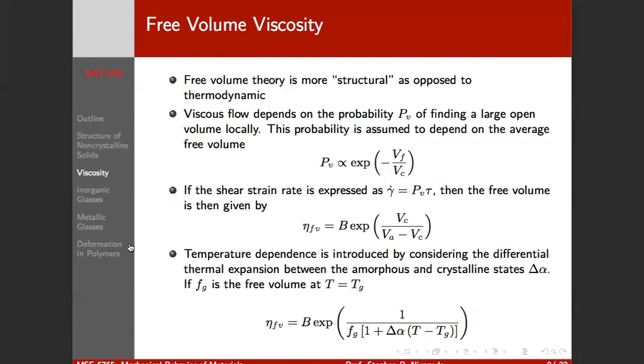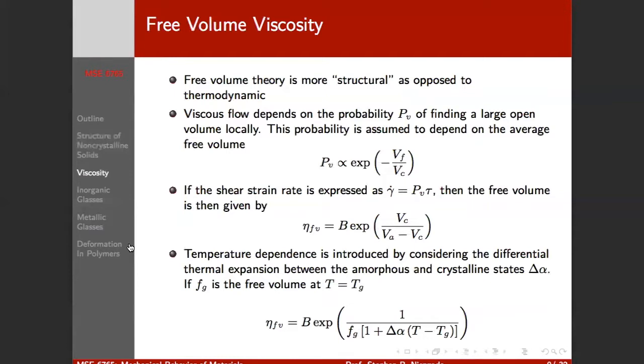And so here we express the strain rate as the shear rate, the probability of finding a spot to do the jump, and the driving force for the jump, right? We end up with a viscosity that depends on the nominal volume, our ideal volume, divided by our deviation from our ideal volume, right?